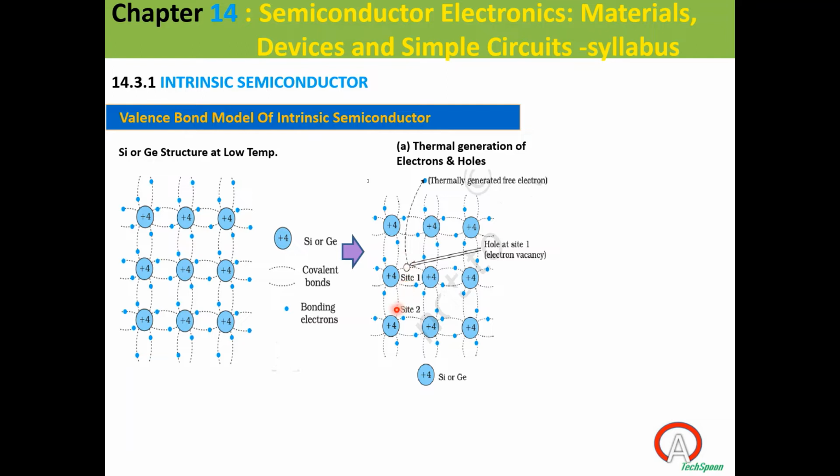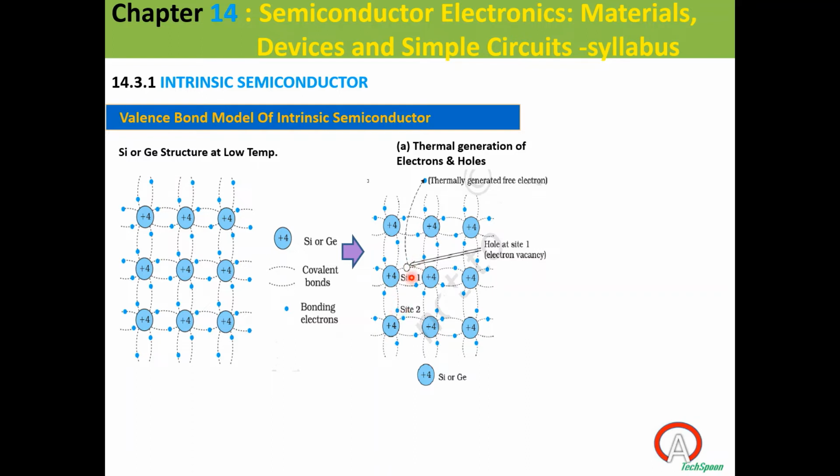To this hole, from the adjacent covalent bond, an electron moves and fills this hole. So a new hole is created here. There is a movement of the hole, so there is conduction, or movement, of holes. Initially it was here, now the hole has moved to here.